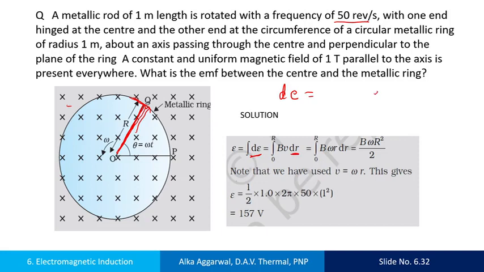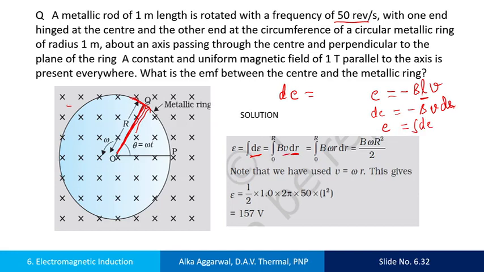As you know, EMF is equal to minus BLV. Here, in place of L, we use dr. For a small portion, it is minus B v dr. For the full rod, it is the integration of dE, the integration of B v dr for the complete length of the rod.